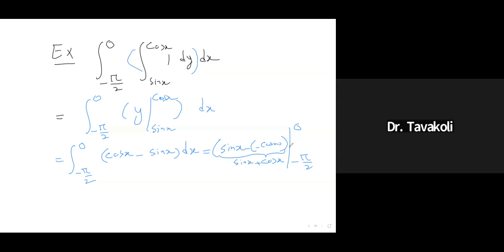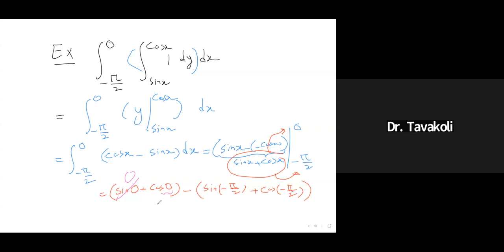Okay, the evaluation of this function at 0, sine of 0 plus cosine of 0, minus the evaluation of this function at minus pi over 2, sine of minus pi over 2 plus cosine of minus pi over 2. Sine of 0 is 0.